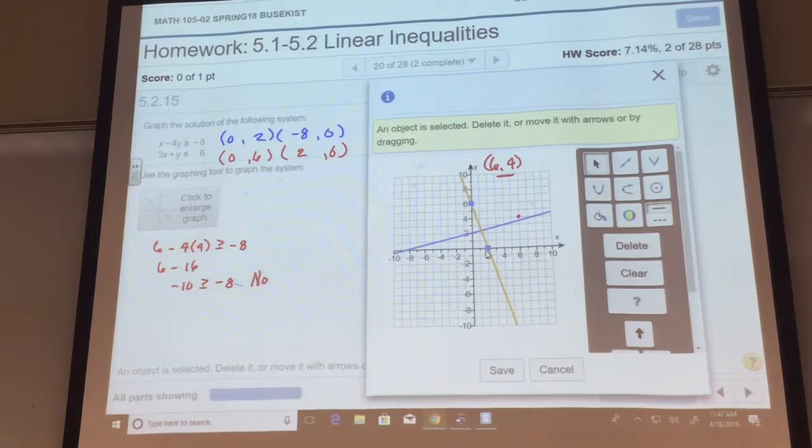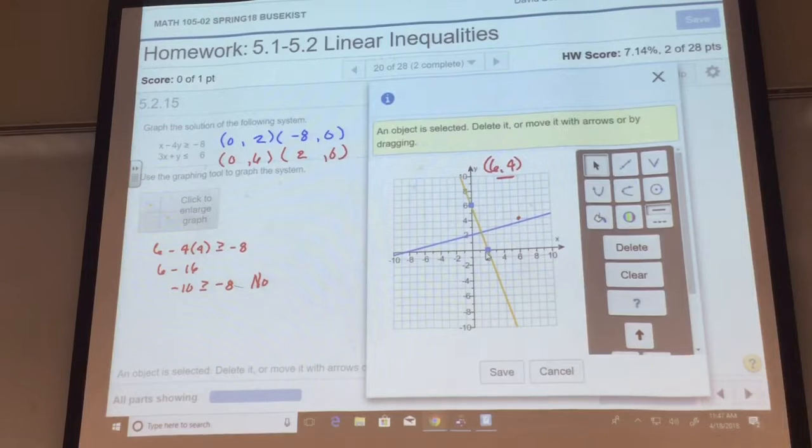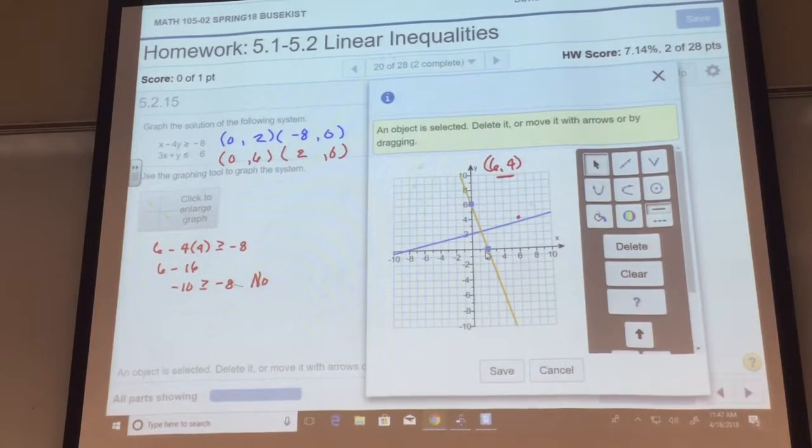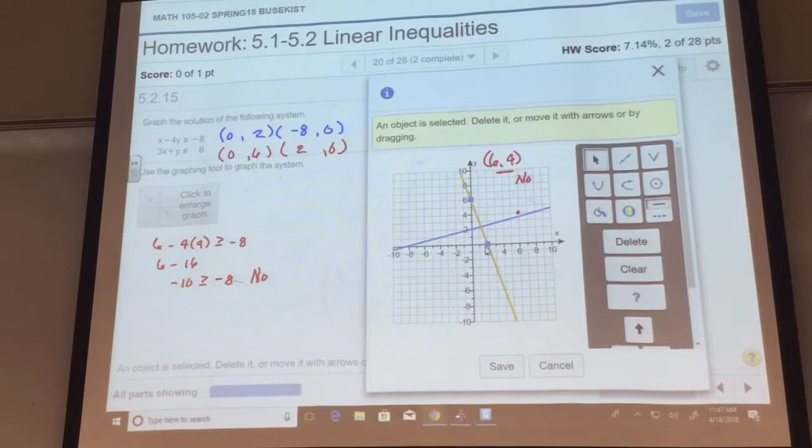Neither one of them is a good overdraw, but being at -8 is better than -10. So it didn't satisfy the first equation. If it didn't satisfy the first equation, would you even waste any time checking the second equation? So a negative result is actually a benefit because it saves you some work in the problem. But we found out that this isn't the right region. So let's try another one.